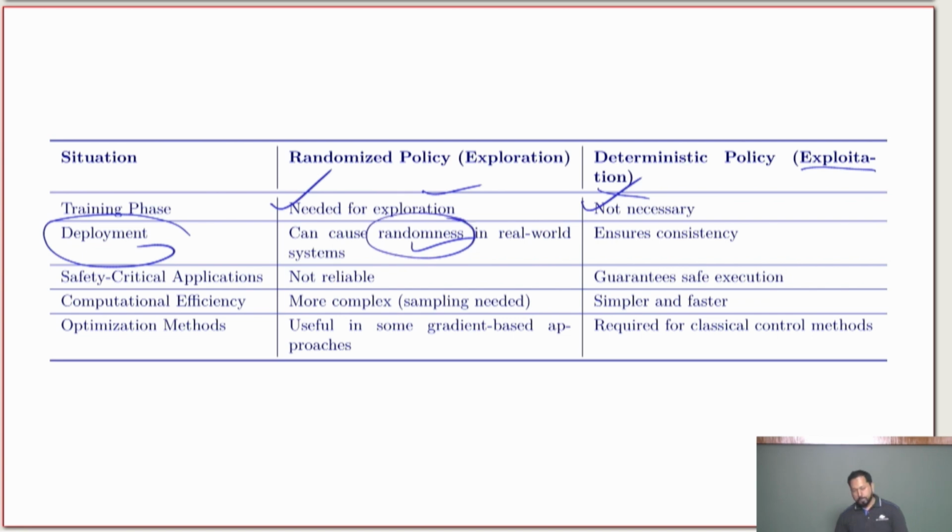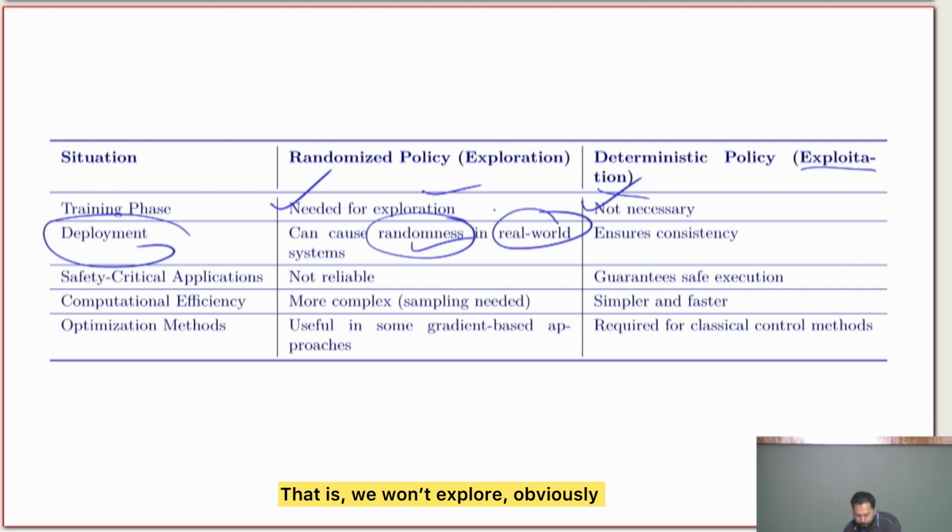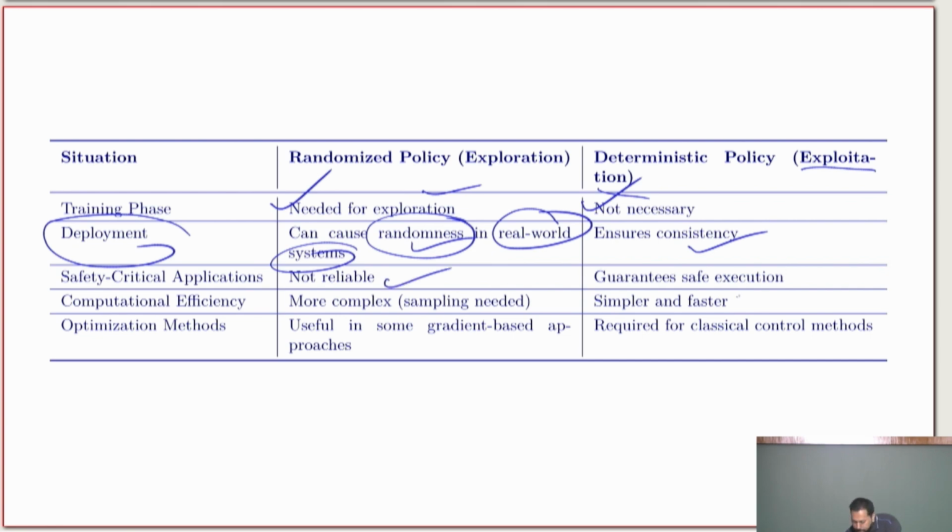Let's say it's a surgery going on, in those critical cases, medical surgery, the best thing to do is maybe the only thing to do. The second best, you don't want to take any chance. So in real world safety critical systems, you may want to get rid of the randomized policy and you want to ensure consistency. Okay, so this is safety critical. So randomized is not reliable. This guarantees safe execution.